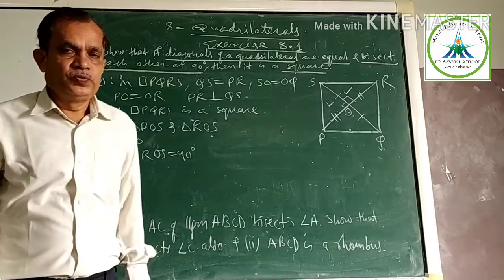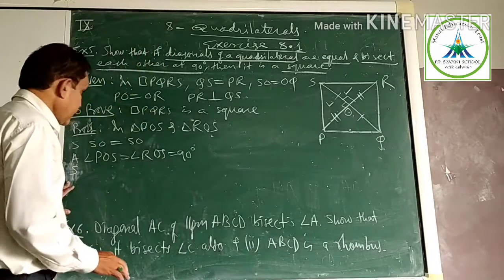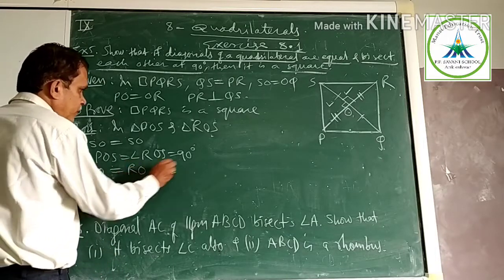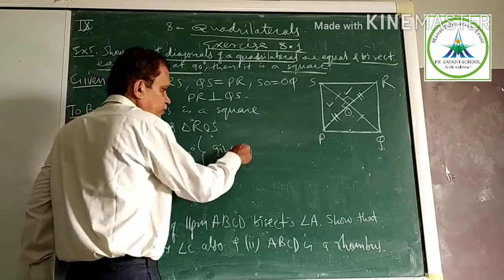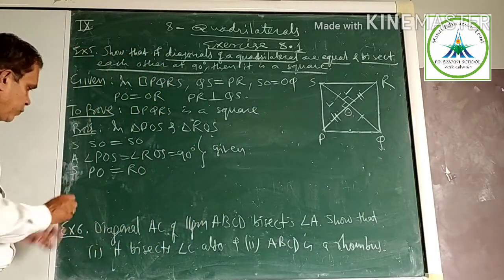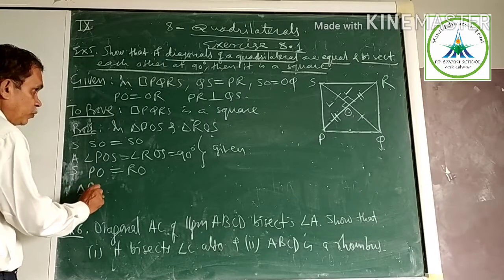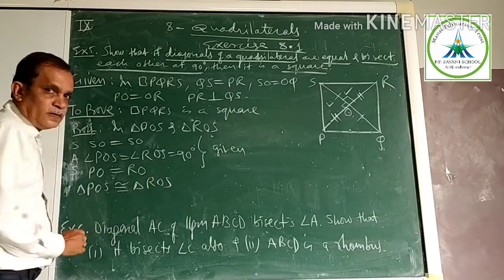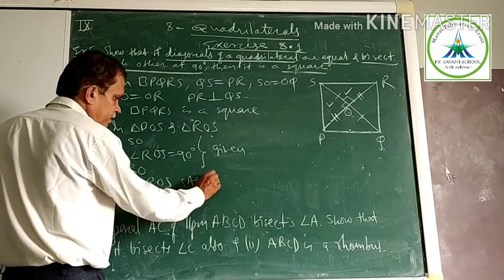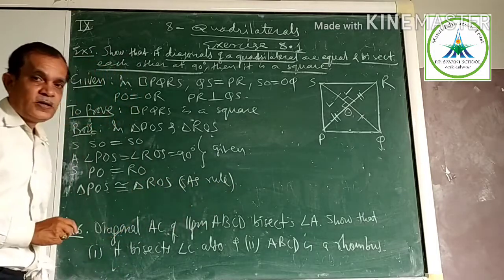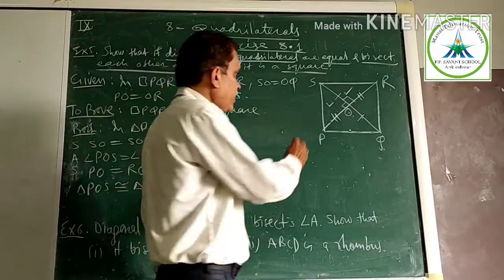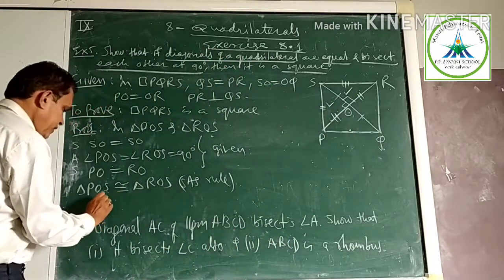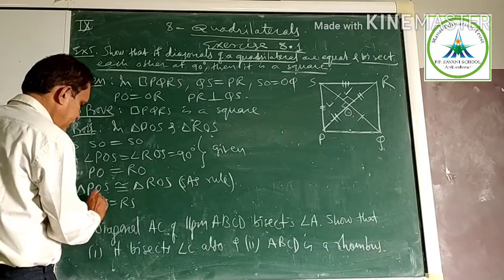This is all given to you. Which side is left? PO equal to RO. Clear, students? Therefore, triangle POS is congruent to triangle ROS by SAS rule. They are congruent, so we get PS equal to RS. Number 1.